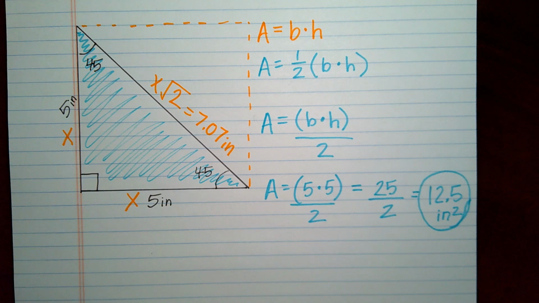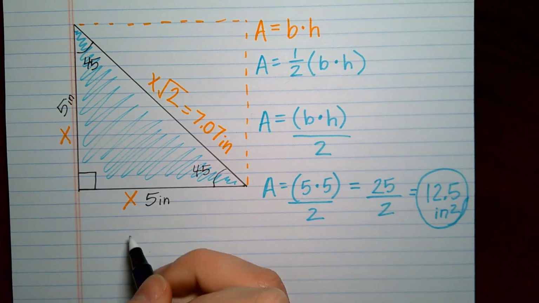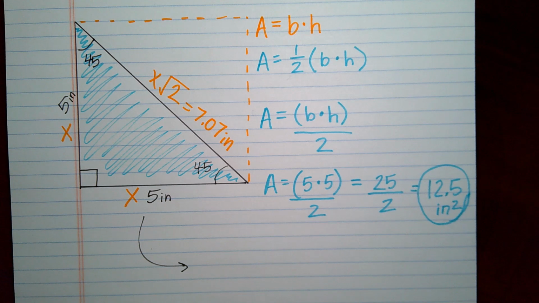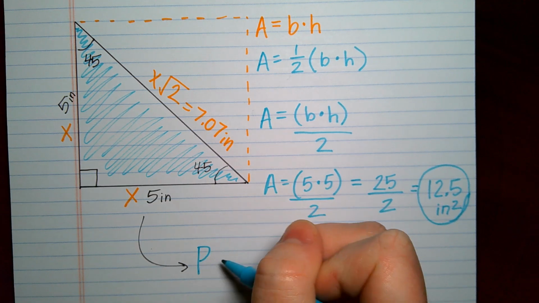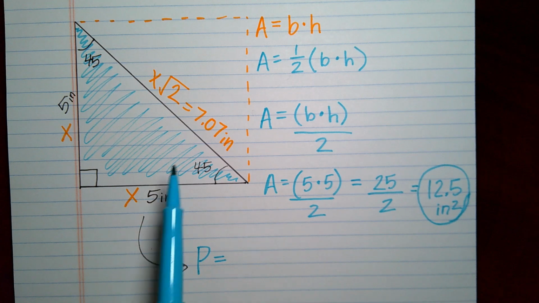So how do we find the perimeter now? Add them. So perimeter, instead of having 4 things to add together, we just have 3 this time because there's only 3 sides.